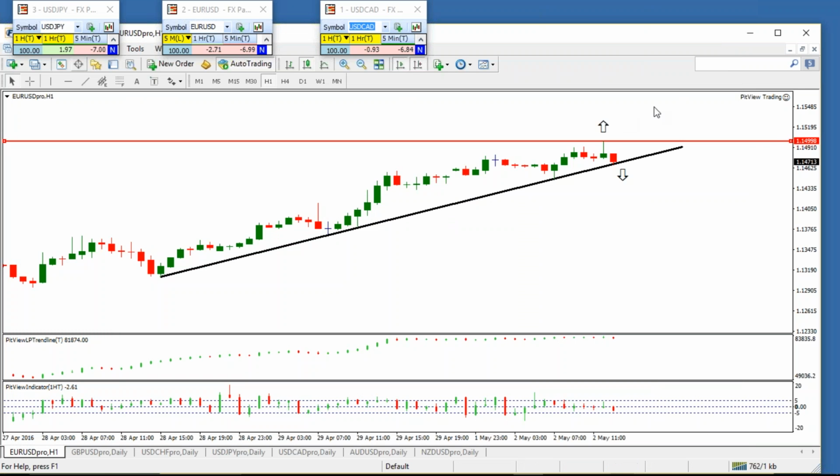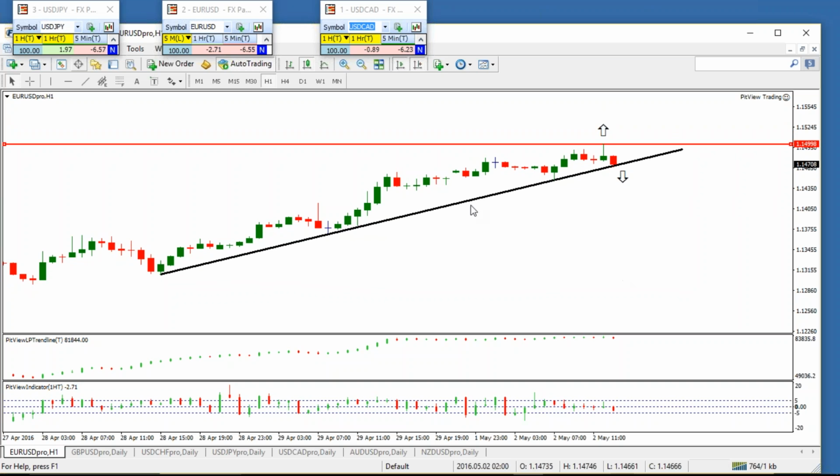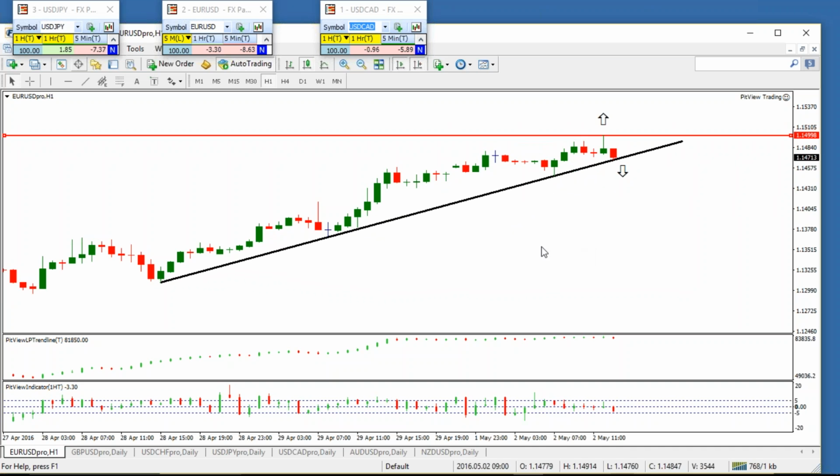So that could actually bring these European currencies lower. One of the things about central bankers coming out and talking is that you don't really have to wonder what they're going to say. They're going to talk dovish. They're not going to paint a rosy picture of their economy.